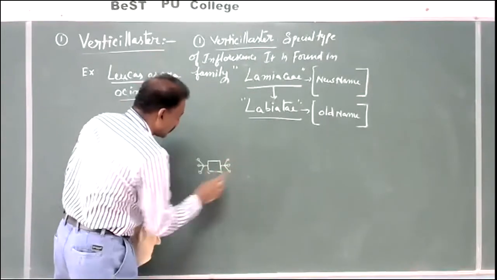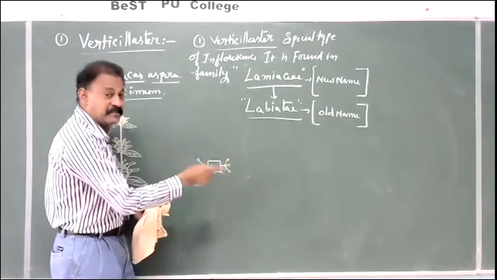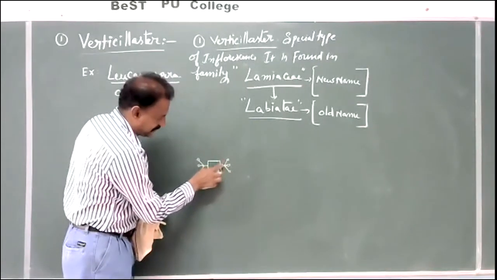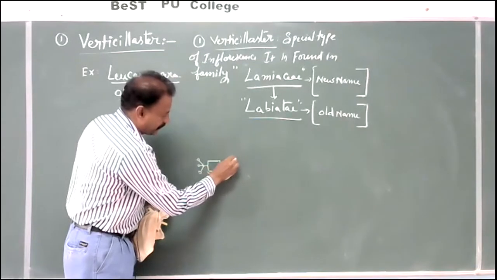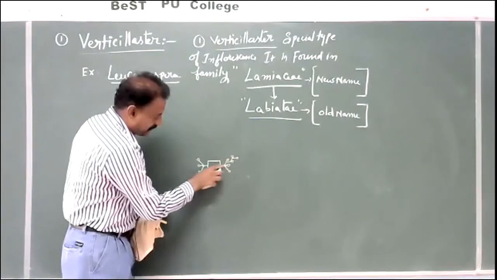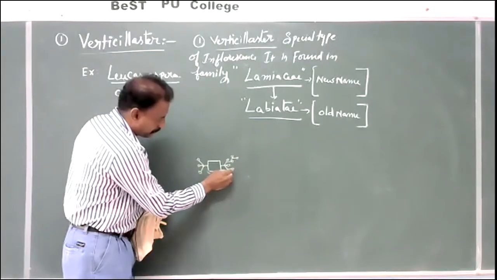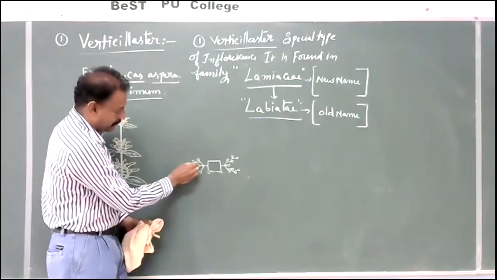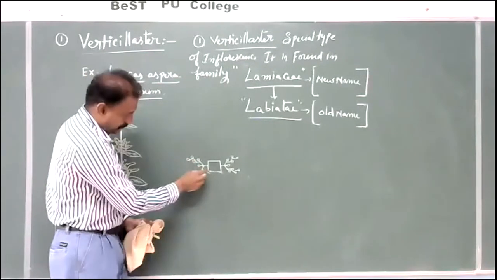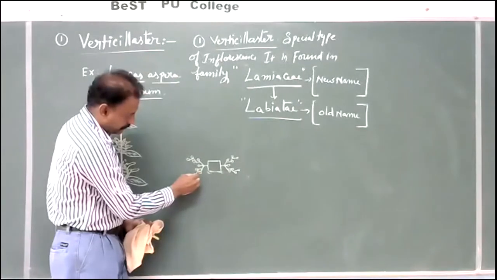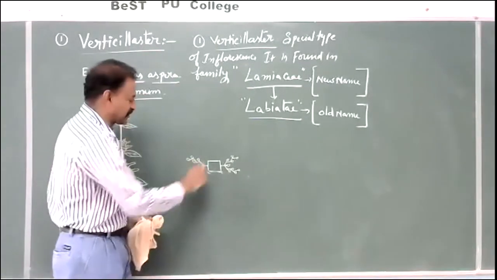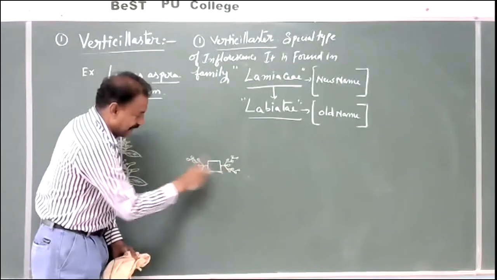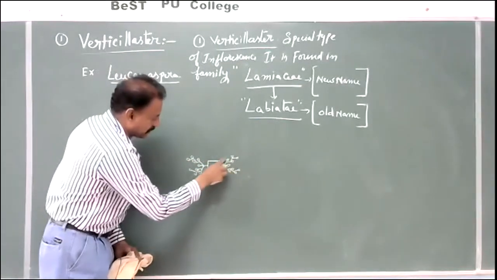Gradually, it becomes monochasial, scorpioid cyme. A whorl-shaped structure at every node, initially dichasial, here one dichasial, two dichasial. Gradually it becomes monochasial.